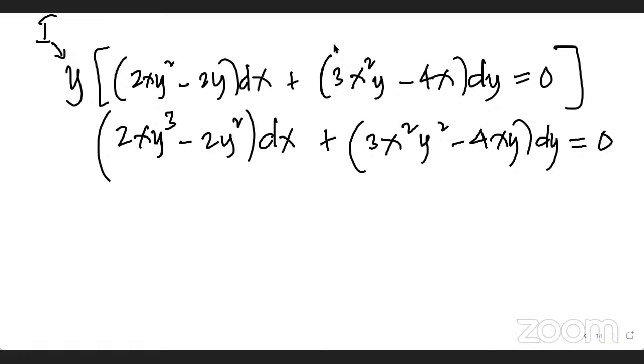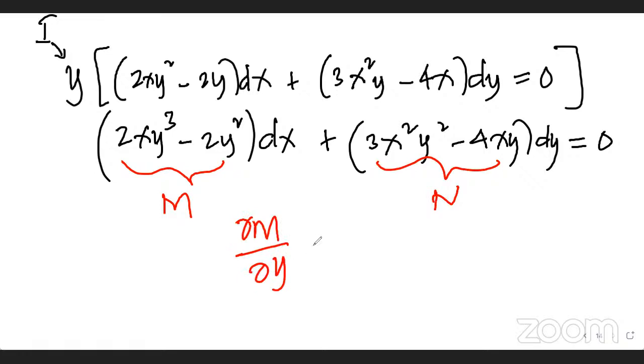Okay, so you're now going to test this DE for exactness. Ito yung iyong M. This is your N. And you have to take note that partial of M with respect to y must be equal to partial of N with respect to x para masabing exact. And then you solve for the solution. Okay, para ma-check niyo yung solution na pareho tayo ng sagot, isulat ko na yung pinaka solution.